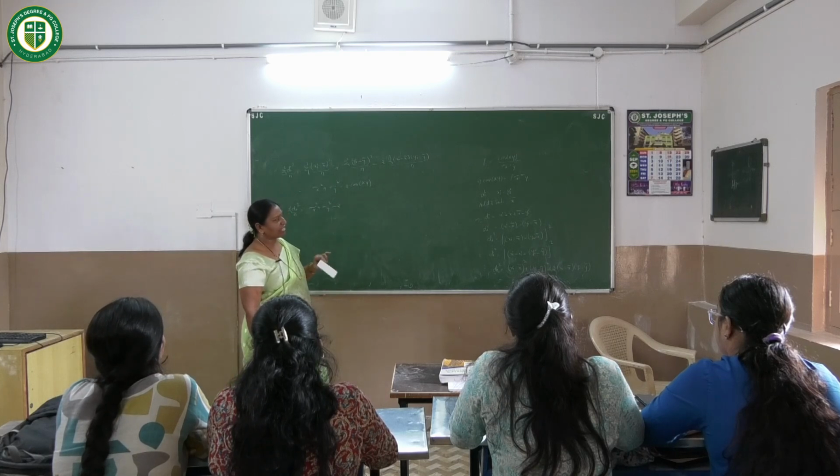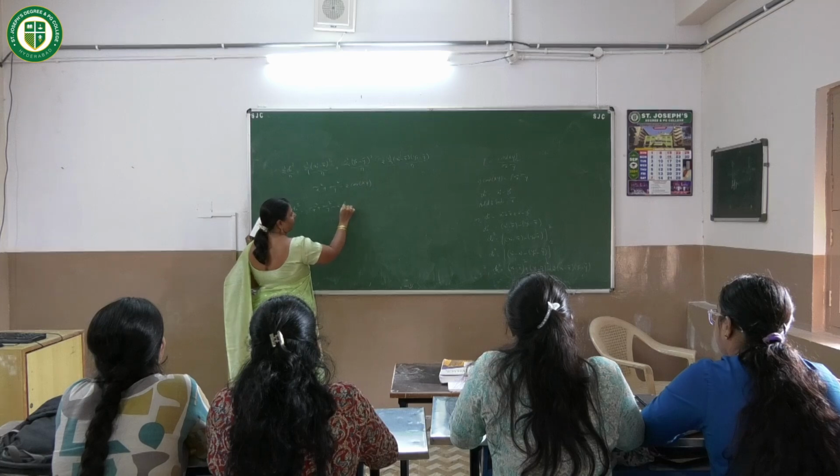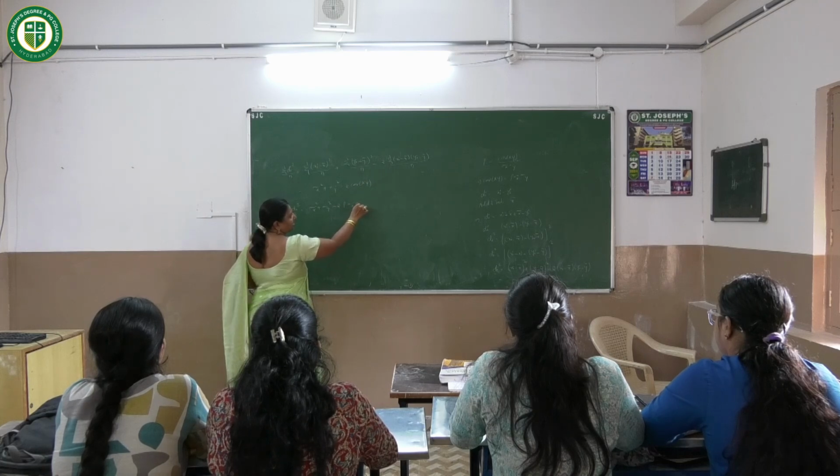We know covariance of xy is equal to rho sigma x sigma y.